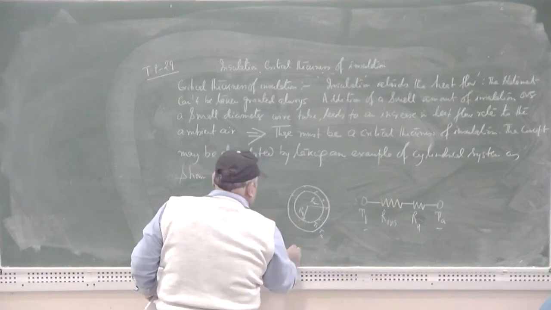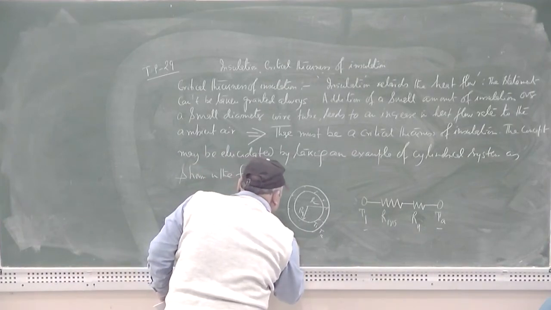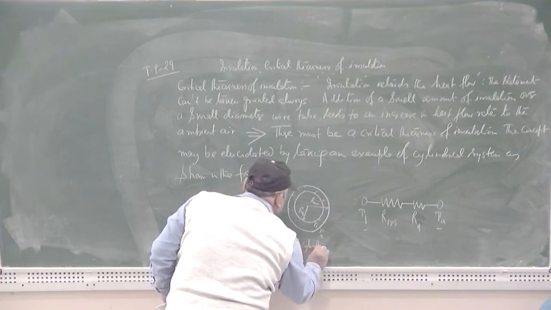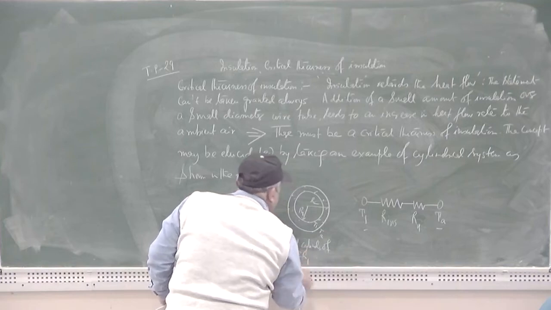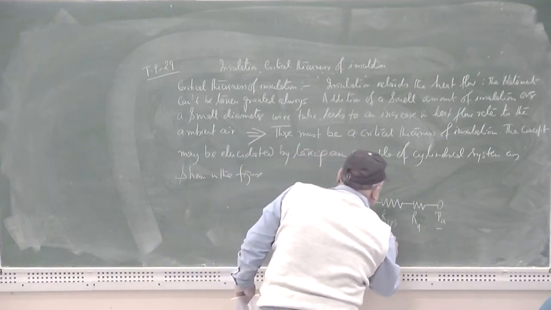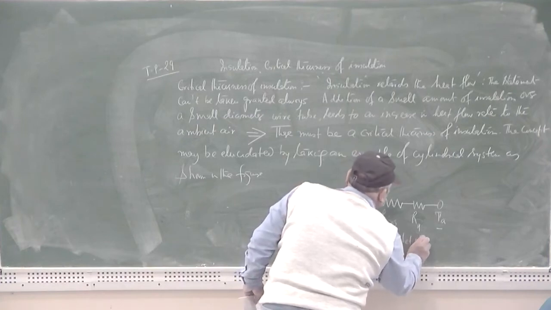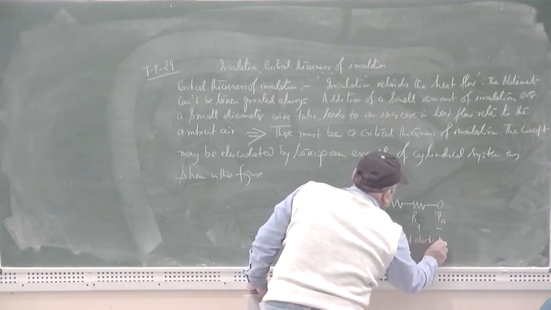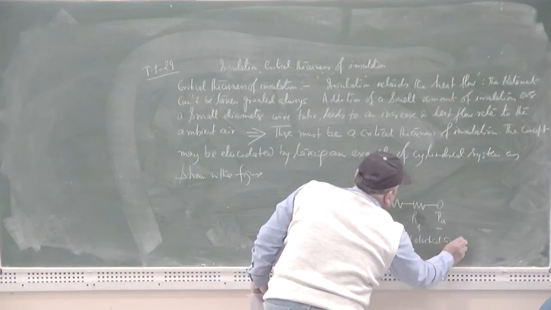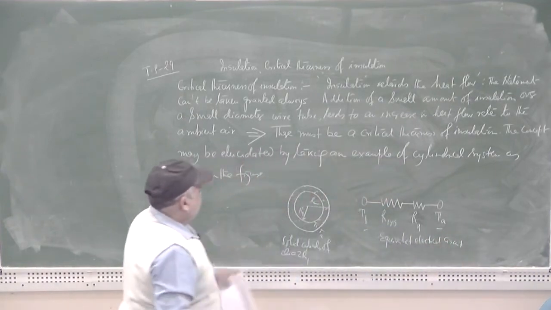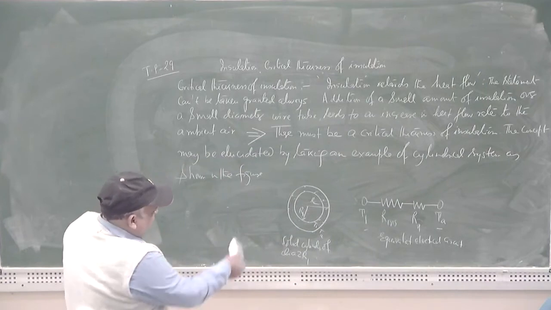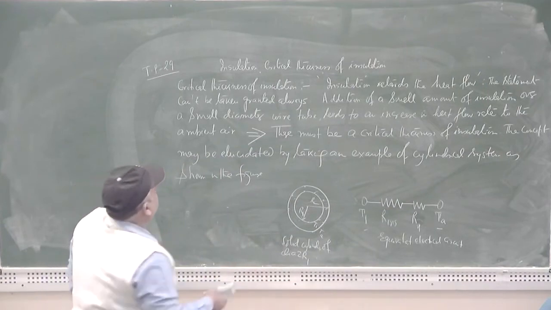So, this figure is the solid cylinder of diameter 2R1, and this is the equivalent electrical circuit. Let us try to start the derivation from this diagram itself.